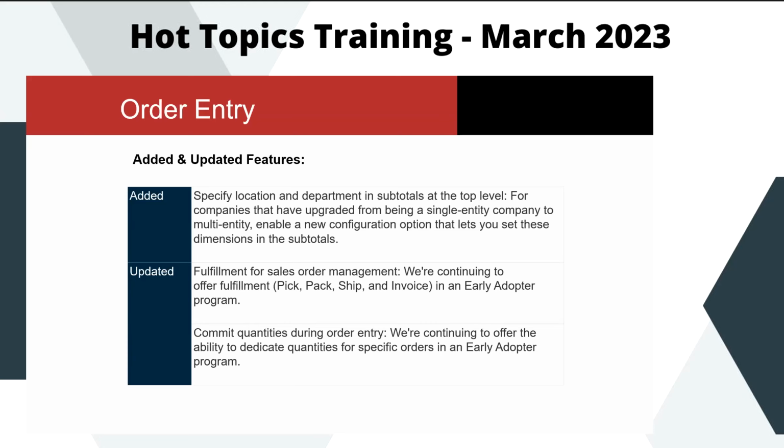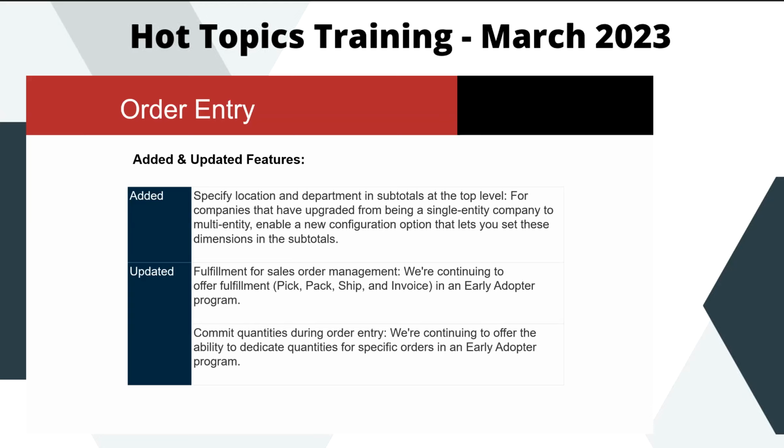If you have the appropriate permissions, you can select and override that location dimension or department dimension for any of those subtotal lines. Going off of that, we know that for anyone dealing with multi-entity and coming from a single entity company, the use of multi-entities and also dimensions and locations lets you get a more detailed view of your transactions as well.